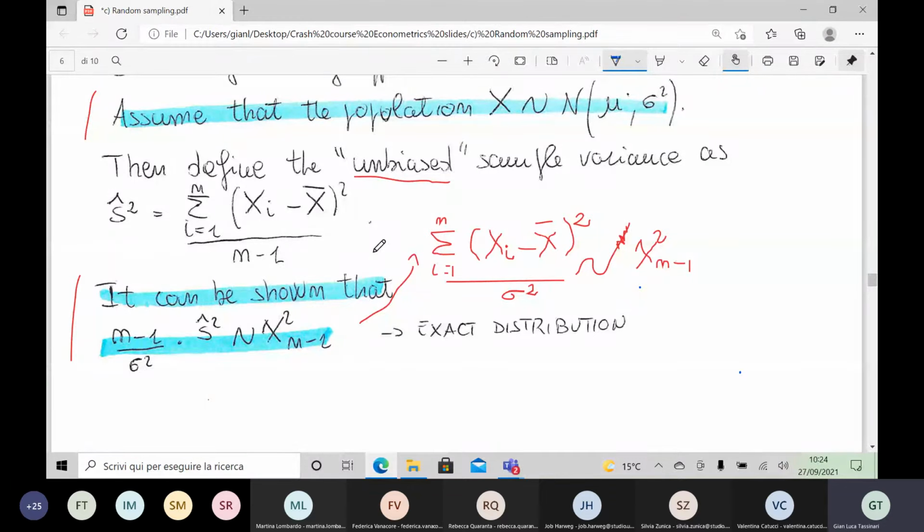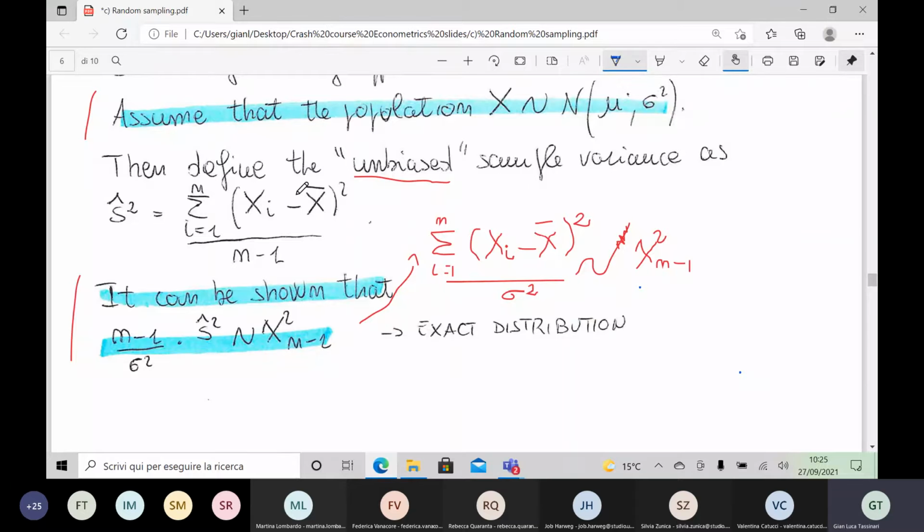Why? Because in the numerator I have capital X1 minus capital X bar to the power 2, plus capital X2 minus capital X bar to the power 2, capital X3 minus capital X bar to the power 2, etc. So you have in the numerator the sum of n terms, which are capital Xi minus capital X bar raised to the power 2, and these are random variables because the capital Xi are random variables, capital X bar is a random variable, divided by n minus 1.